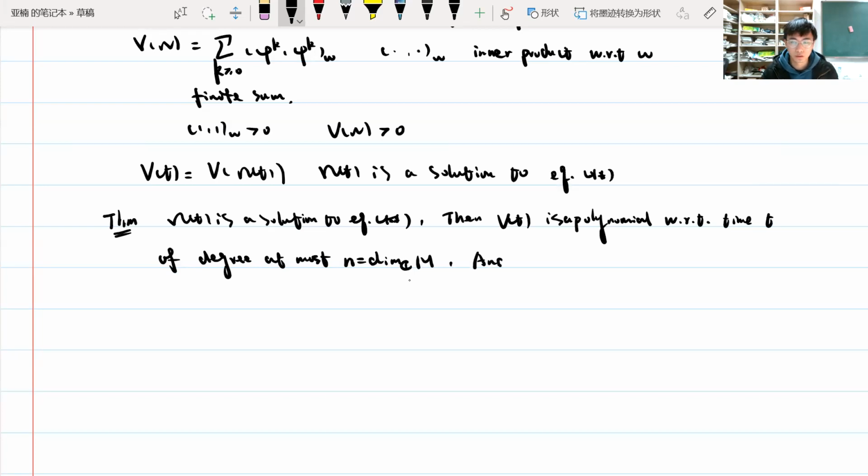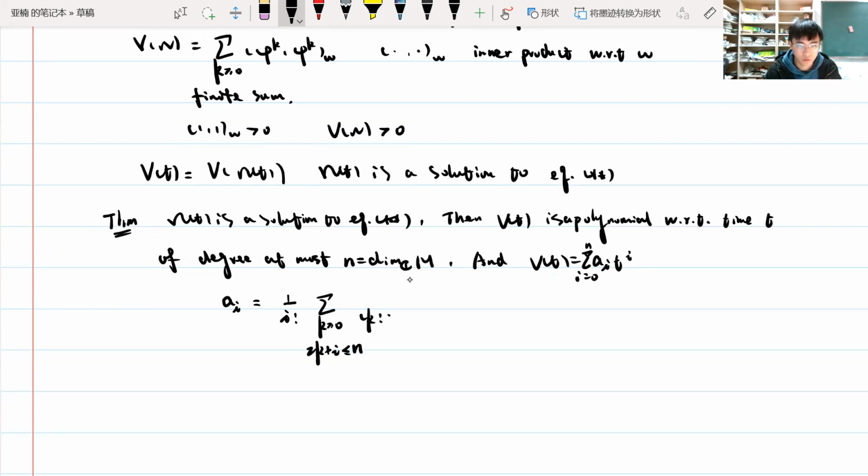And the coefficients can be written as a sum from 0 to k such that 2k plus i is less than or equal to the dimension, and there are some coefficients.